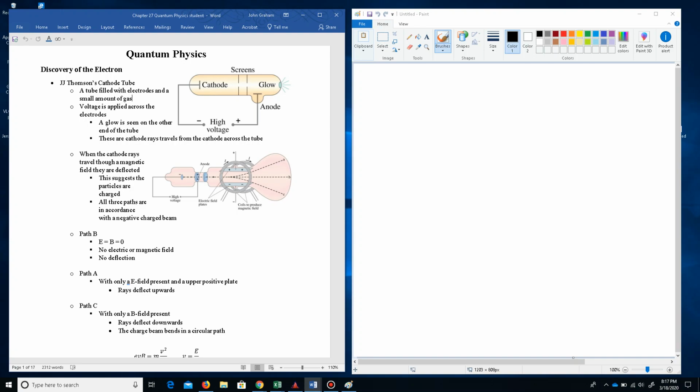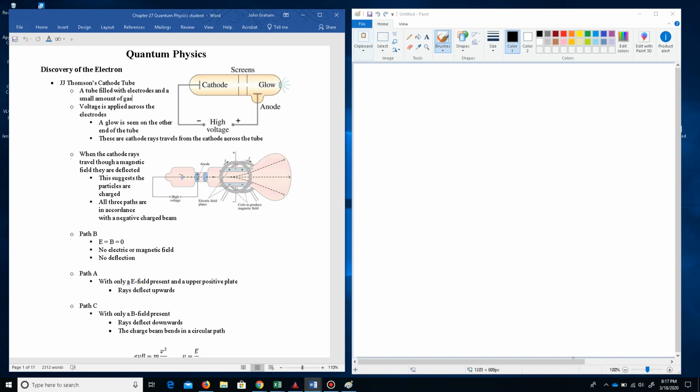So path A, where this is the positive plate, is with an E field present and an upper positive plate, and so the rays deflect upwards. Path C, when the rays are deflecting downwards, is with only a B field present.